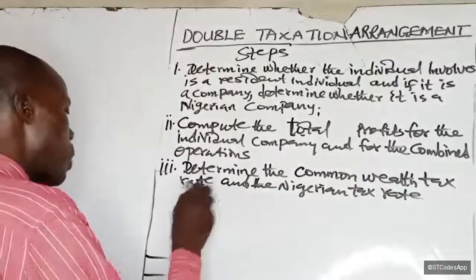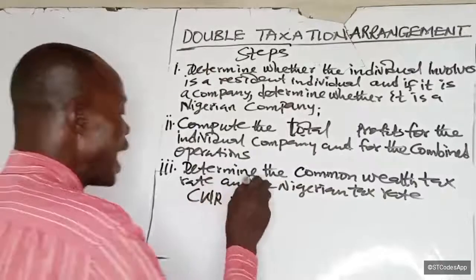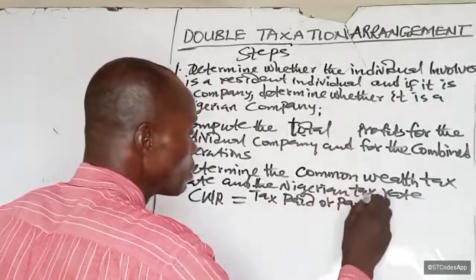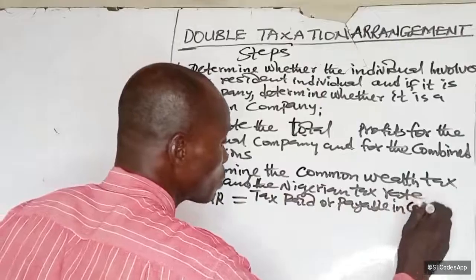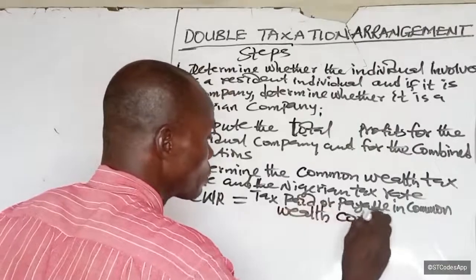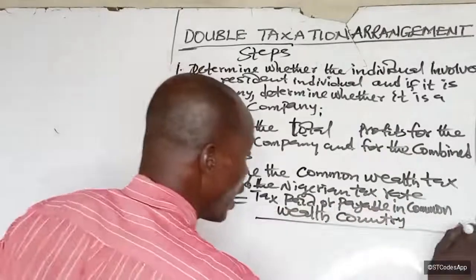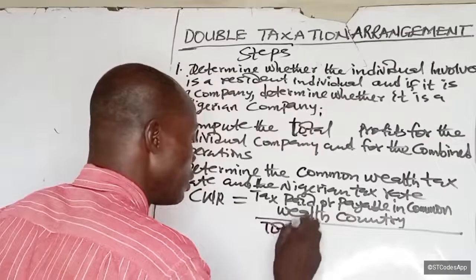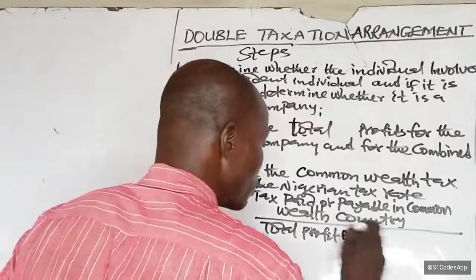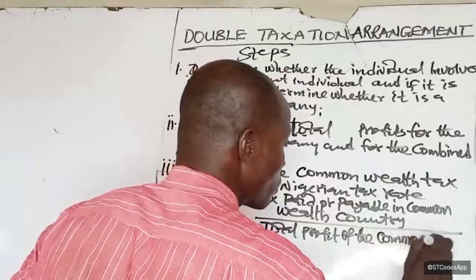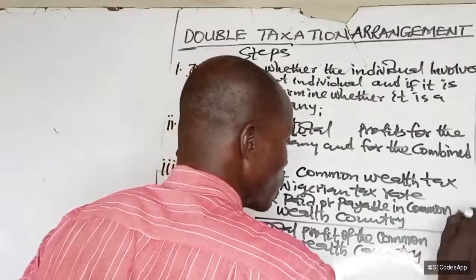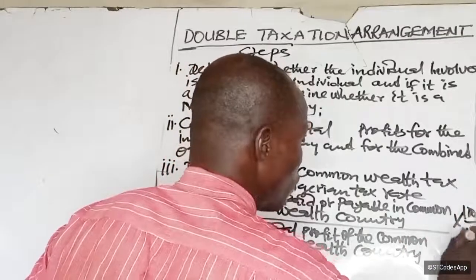So to calculate the Commonwealth rate of tax, we have the tax paid or payable in the Commonwealth country over the total profit of the Commonwealth country, times 100 over 1.